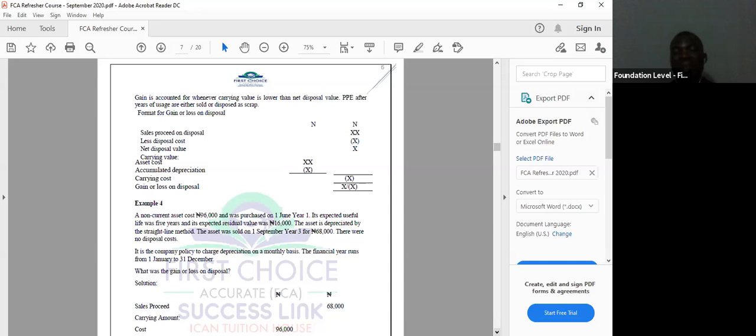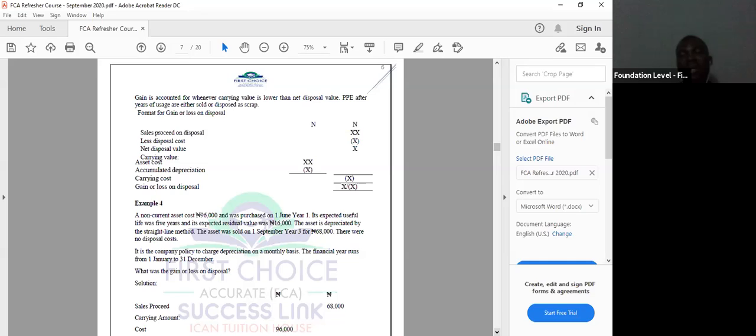When you dispose of an asset, there's another way we calculate for it. You want to ask yourself, do you make a gain or do you make a loss? So anytime you see the disposal of an asset, you must calculate if there is a gain or loss involved.